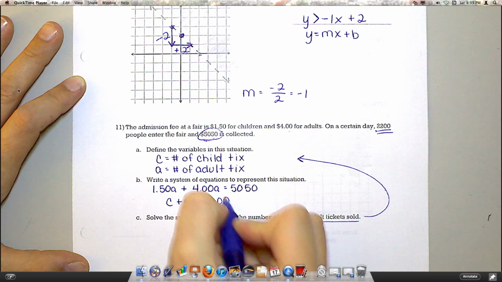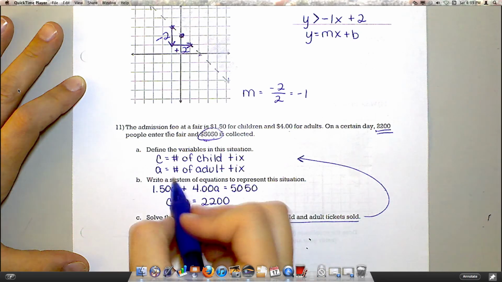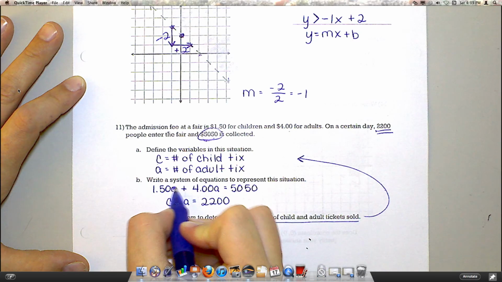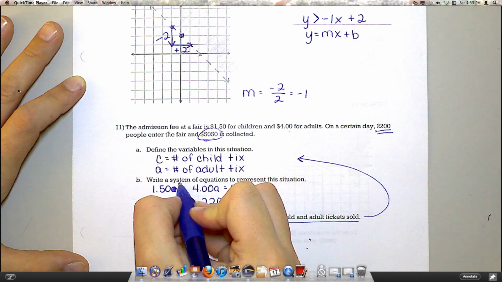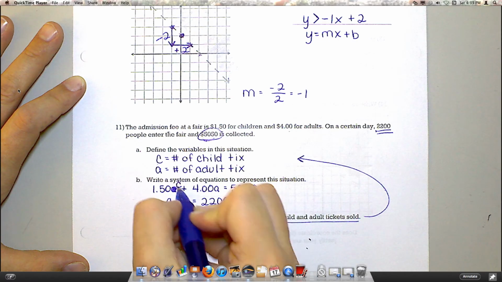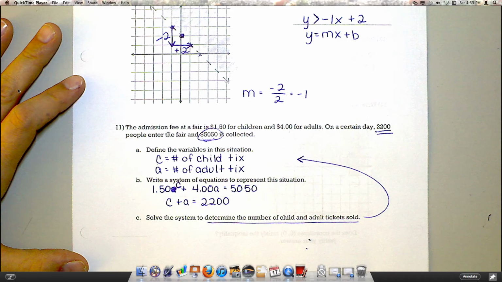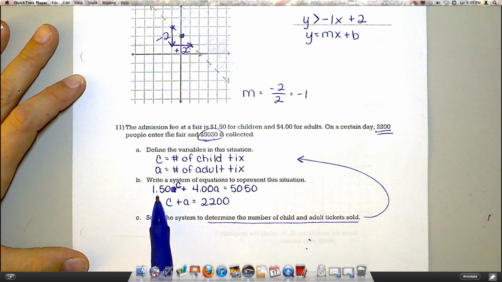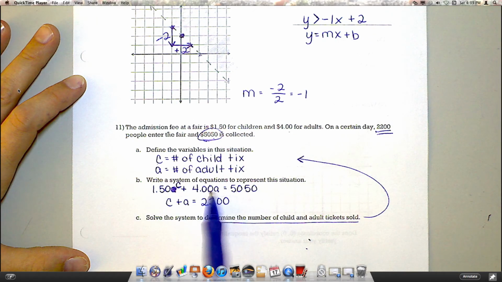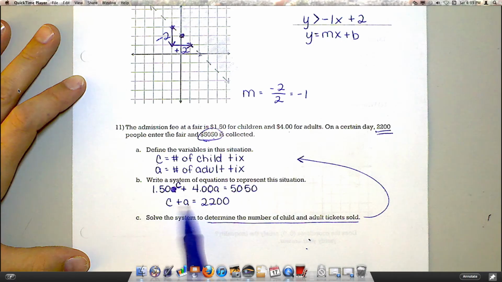Oh, and I see that I messed up here. I meant to use a C here instead of an A. Sometimes I get talking and my pen moves faster than my brain. Okay, so just to clarify, my system should say 150C plus 4A equals 5050, and then C plus A equals 2200.